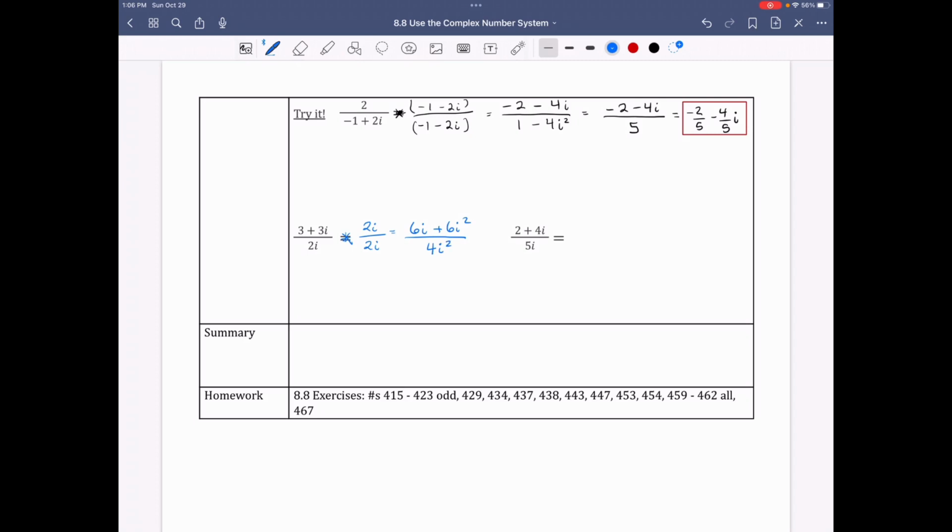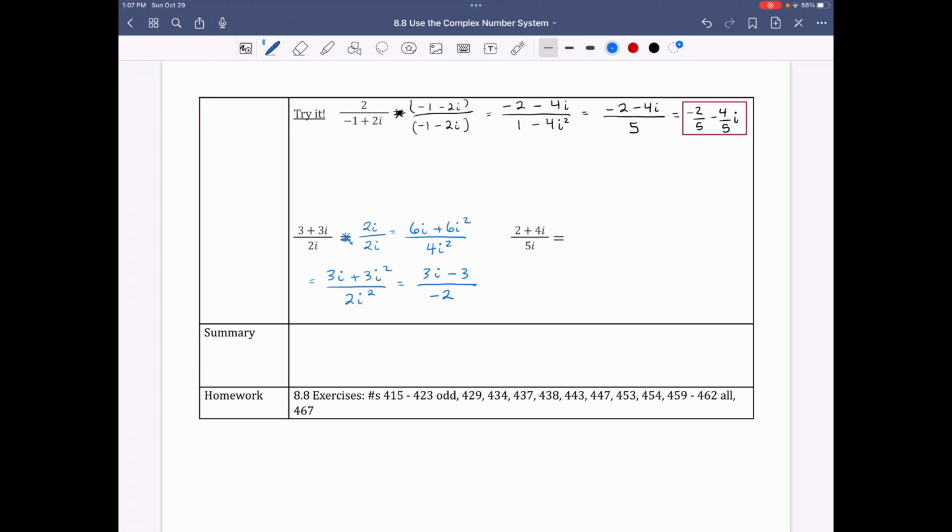We could divide out a 2 here and just have 3i plus 3i squared over 2i squared. And remember, the i squareds are just negative 1, so 3i minus 3 over 2 times negative 1 is negative 2.